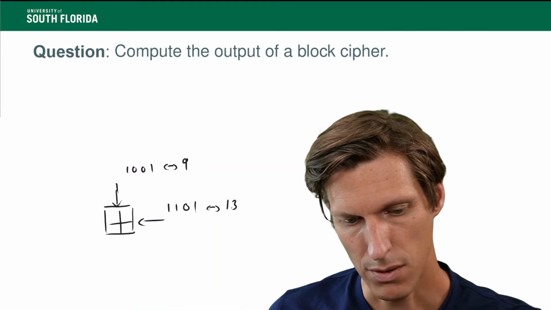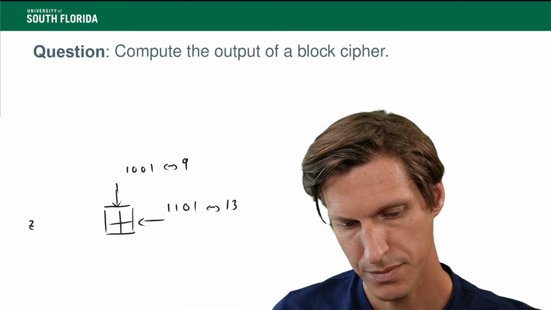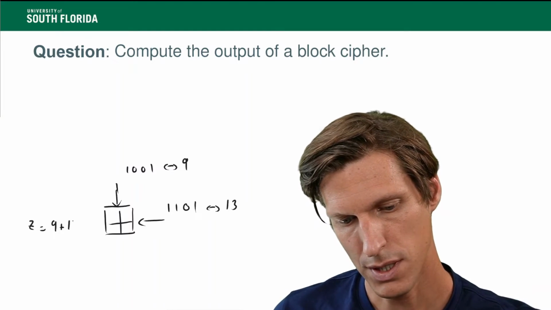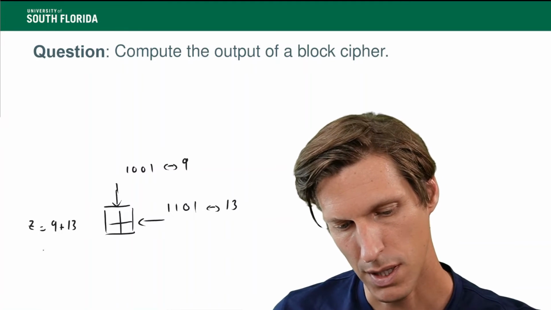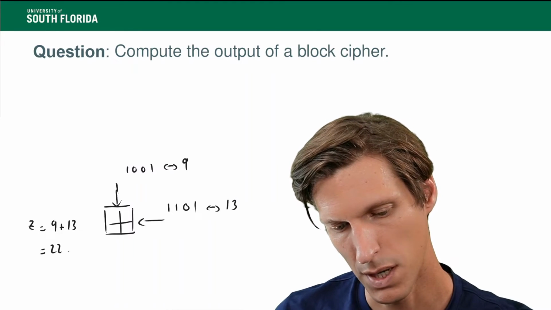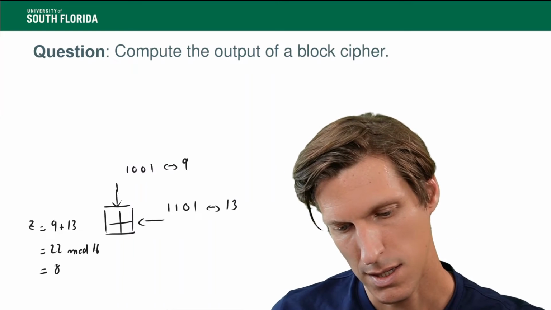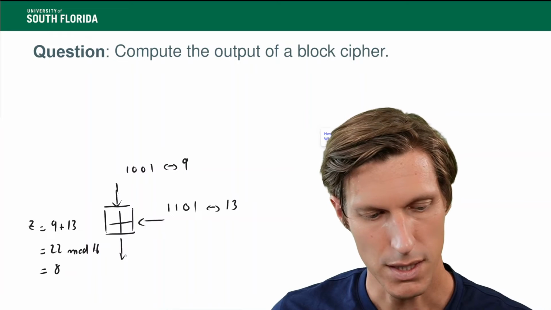Now my number z is 9 plus 13 mod 16. So that's 22 mod 16, and that's 6.